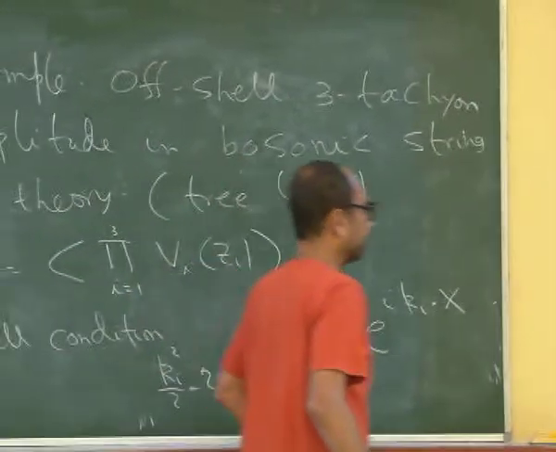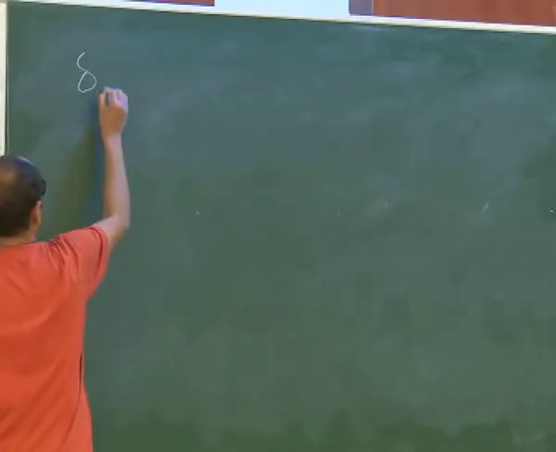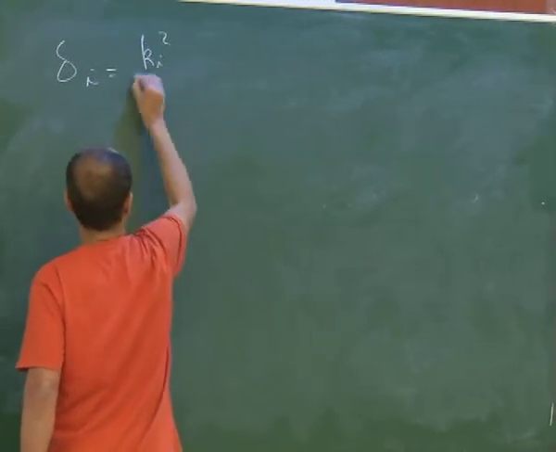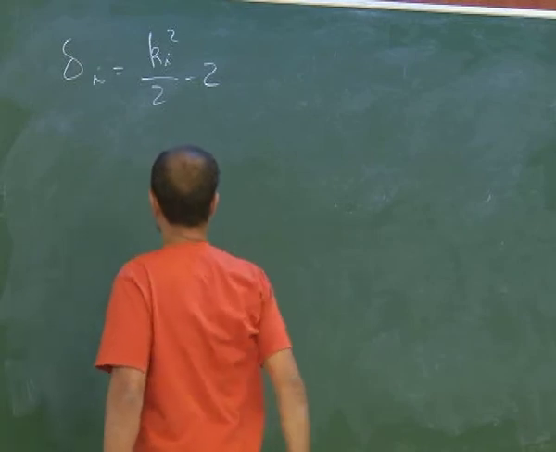Okay, so let's measure this degree of off-shellness by this quantity delta_i, which is k_i squared over minus 2.